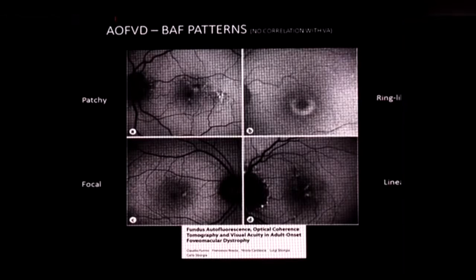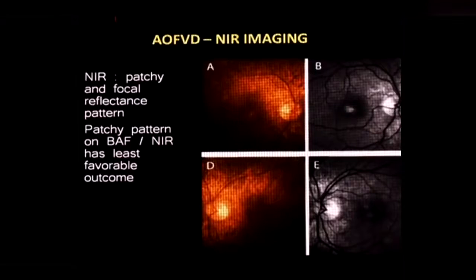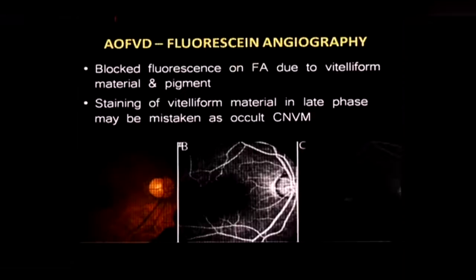So different patterns besides the standard round pattern corresponding to the lesion have been published in the literature. On infrared imaging, you can also see patchy lesions, and there is some evidence in published articles that a patchy pattern on autofluorescence as well as on NIR imaging has a worse prognosis.